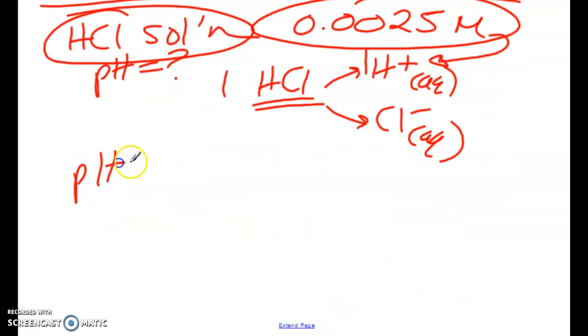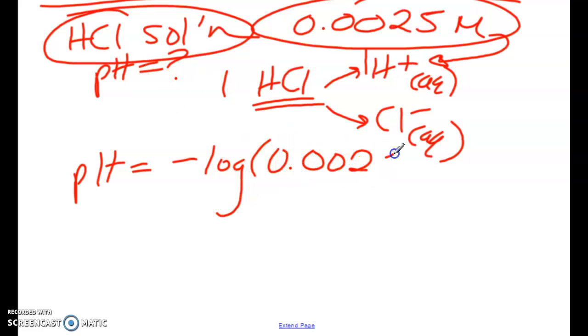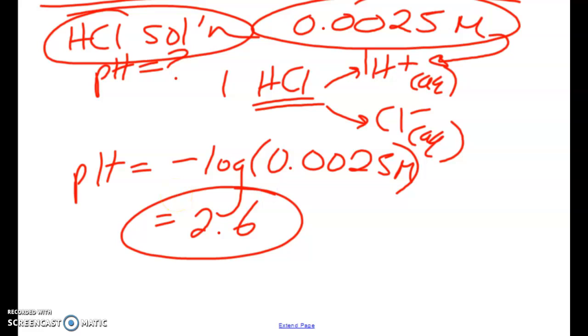So the pH of this solution would be negative log of the concentration of our acid. So negative log, and this is moles per liter, of 0.0025, right? So this would be a pH of 2.6.